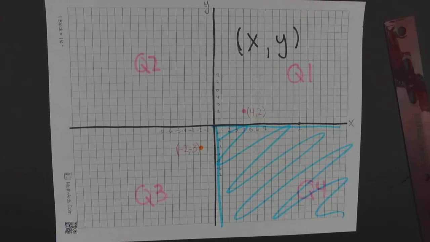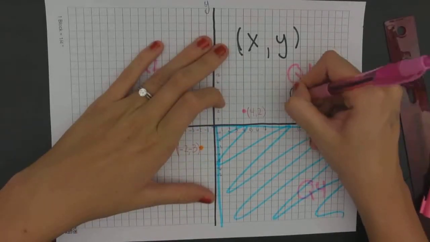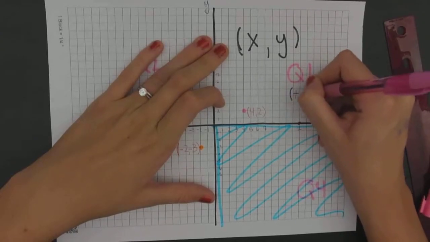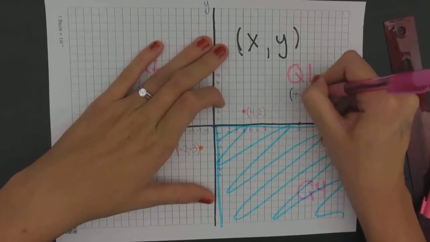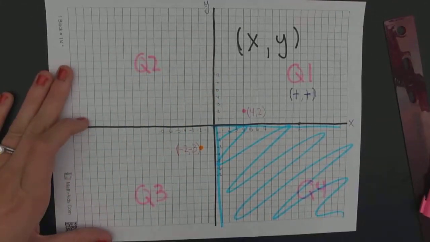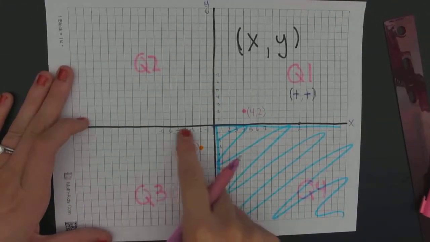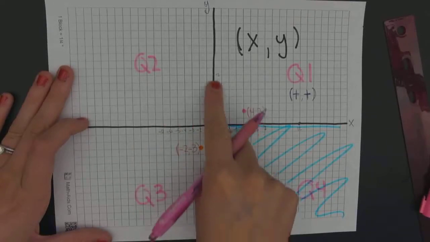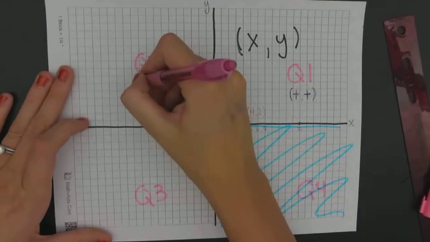That's really important. The next thing you might notice is when we are in quadrant 1, both our values are positive. Our x will always be positive and our y will always be positive. When we're in quadrant 2, our x value went negative, but our y value is still positive.